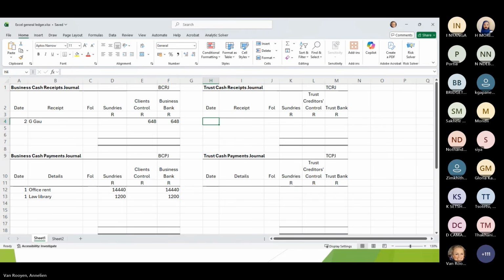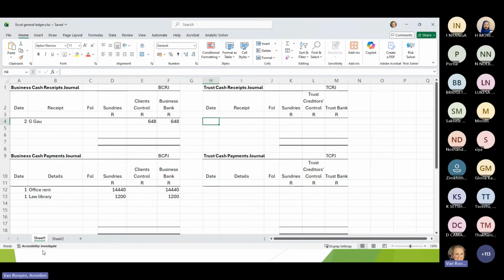Ma'am, would I be right, since Z Zulu already paid his deposit, that I shouldn't include him in the fees because he paid already? No, he doesn't necessarily owe. This is a deposit.